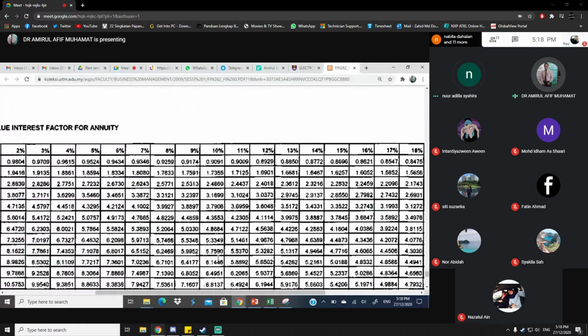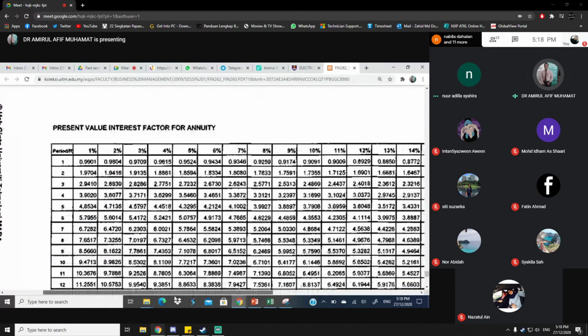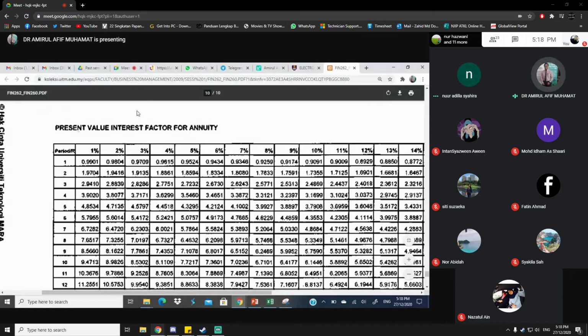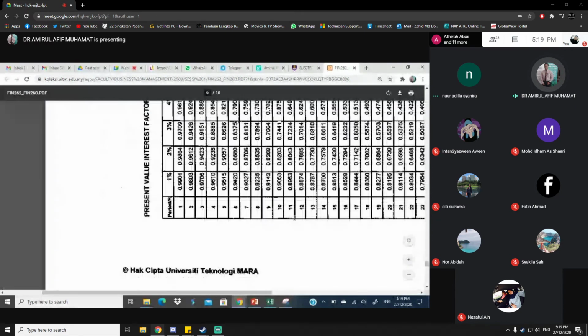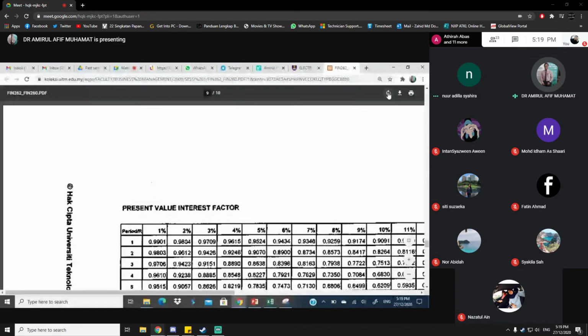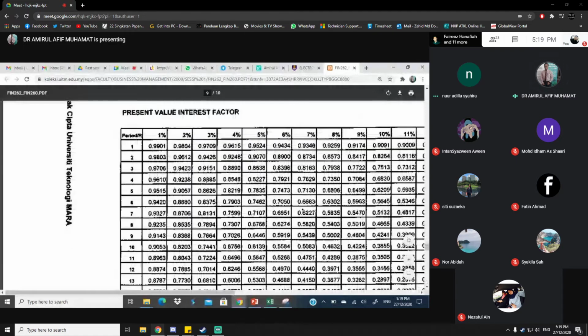Okay, if you refer, this is the table. Nampak sini ditulis annuity. So yang A tadi tu, project 1, project A, that is annuity. So refer here. Annuity tu maksudnya apa? Setiap tahun amount you sama. Income you sama. You sewa rumah, you bayar berapa? RM1,000 setiap bulan. Tu annuity lah tu. Yang satu lagi is present value, simple present value.